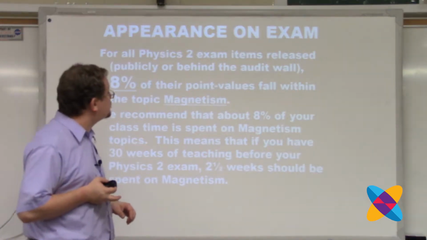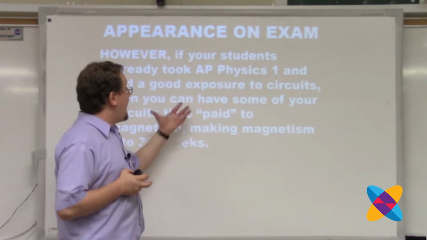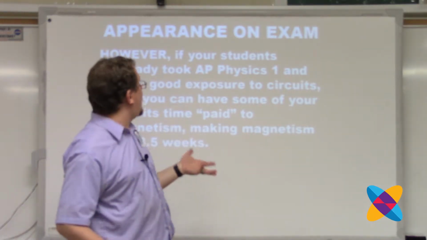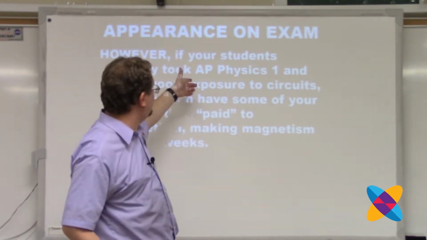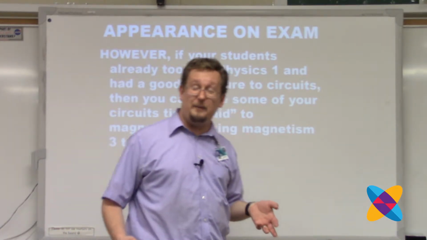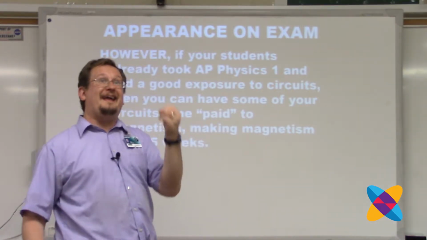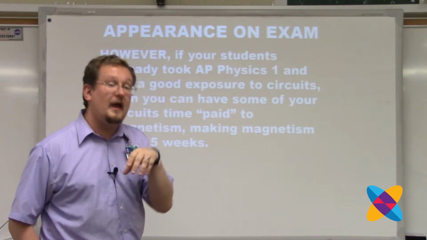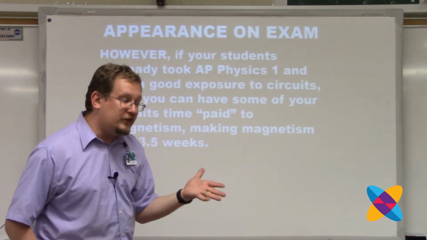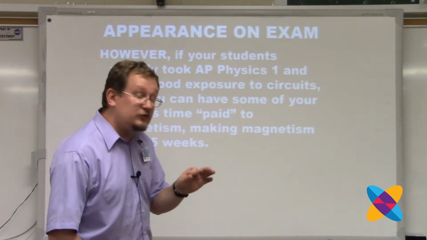If you watched Module 2 on circuits and you did a really solid job of teaching your circuits to your students when they were in AP Physics 1, you can take some time from circuits and pay it to other topics that you think students struggle with or you think show up more often on the exam.